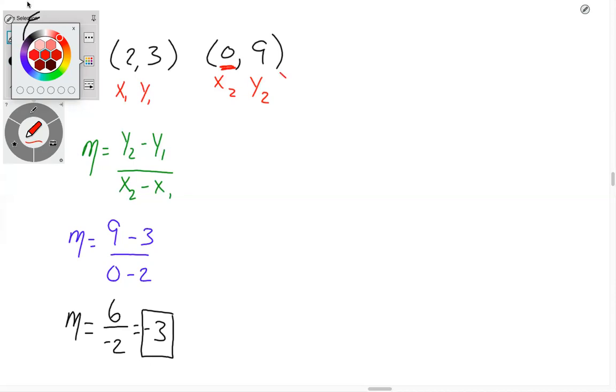That means 9 is my y-intercept. So I give you your y-intercept in the problem, and I give you your slope is negative 3. So my equation is y equals negative 3x plus 9. Jack, you getting all this down?